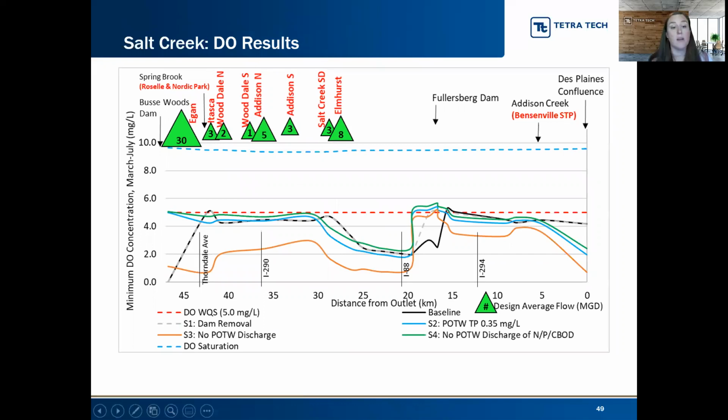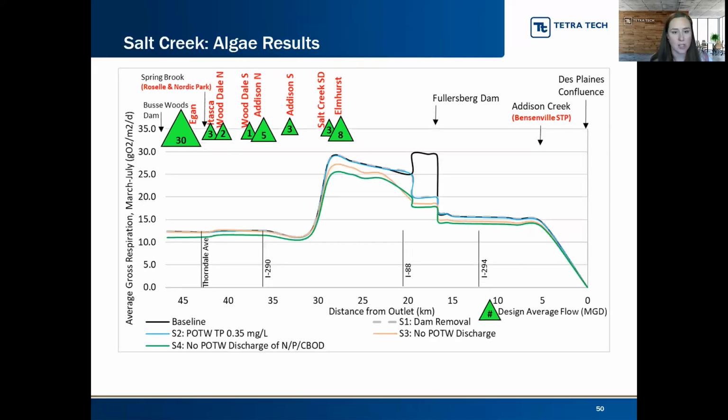Dissolved oxygen. So minimum dissolved oxygen in Salt Creek is below the standard, instantaneously, in many locations. We know this from the observed data, and it's a messy graphic. Part of that comes from the fact that when a dam is removed, you're going to see some improvement in, well, maybe this is even better shown with the algae.